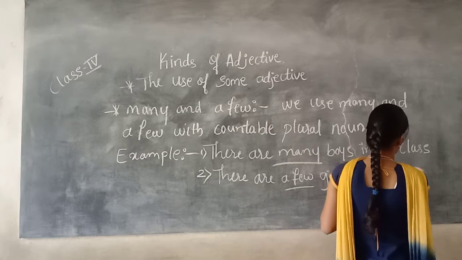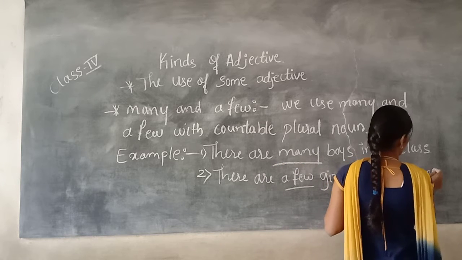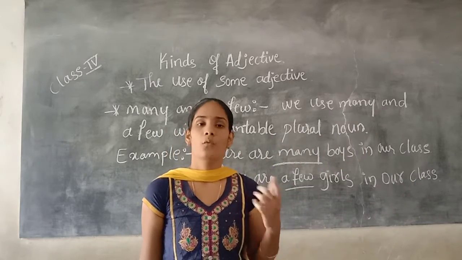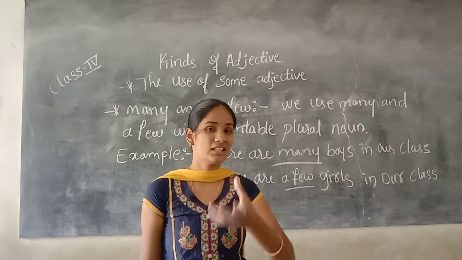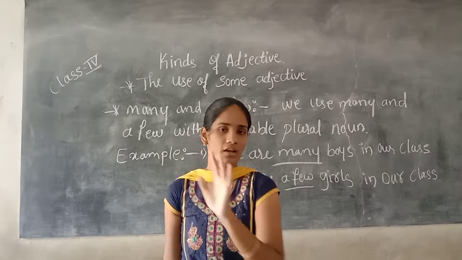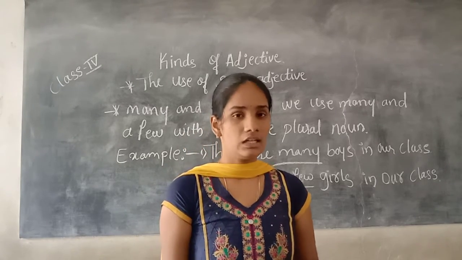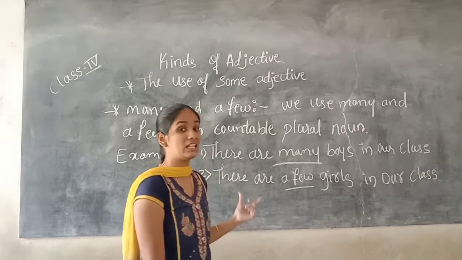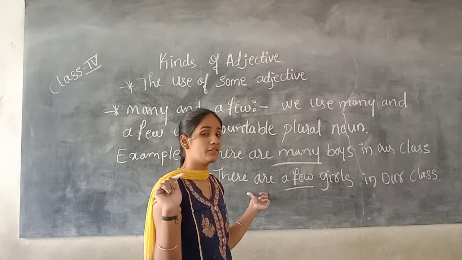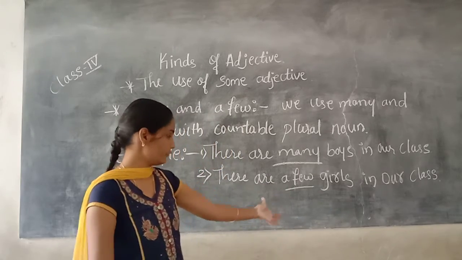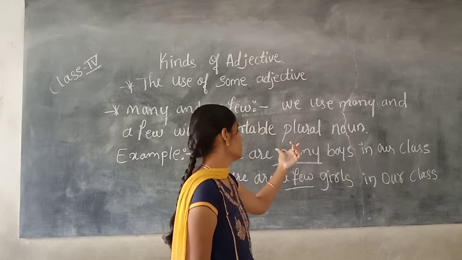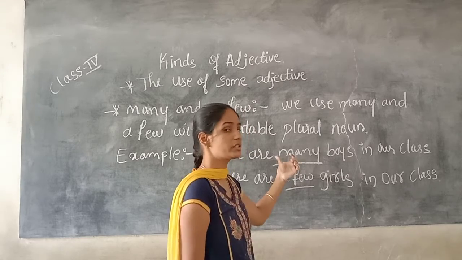A few indicates lessness. One girl, only 10 girls, only 4 girls, 5 girls. Girls are counted: 1 girl, 2 girls, 3 girls, 4 girls. Like this we can count the girls. So when you have to tell less, and if that noun is countable and plural, then you have to use a few. If the noun is plural and countable, and it is more, then you have to use many.